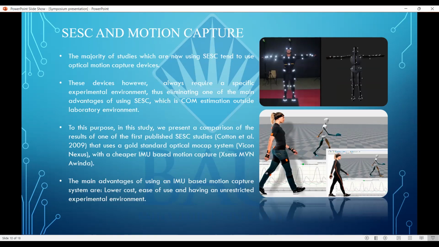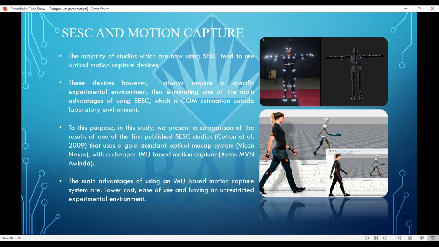To this purpose, in this study we present a comparison with the results of one of the first published studies, by Cotton and his colleagues in 2009, which used a gold standard optical motion capture system called Vicon Nexus. We used in our study a cheaper IMU, which is an inertial measurement unit system, called Xsens Awinda.